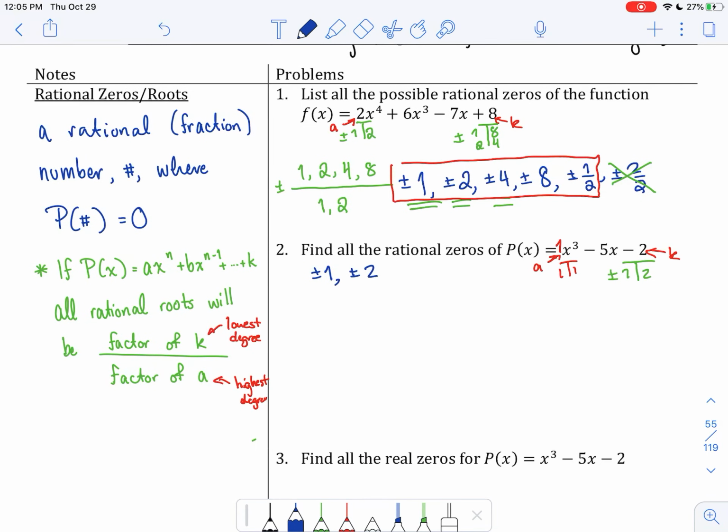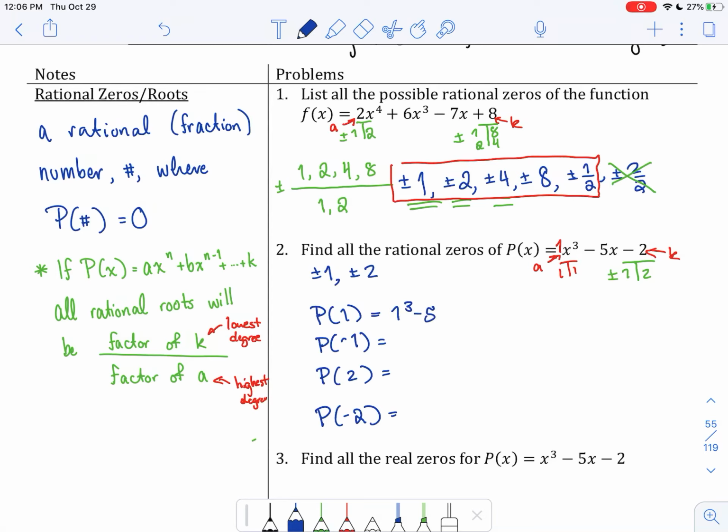Since there's only 4 options, I'm just going to list them out and ask myself, do they equal 0? P of 1, P of negative 1, P of 2, P of negative 2. I'm just going to plug that into the polynomial given and see if it equals 0.